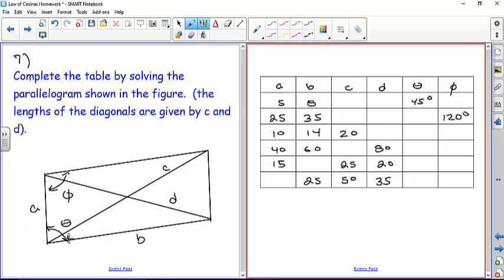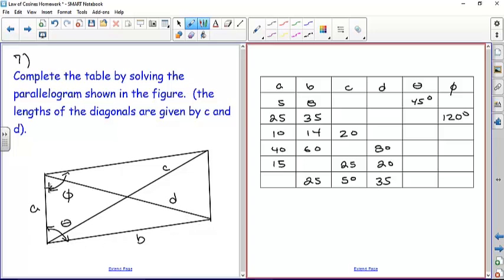So let's check first if there's anything in the book about parallelograms, or do we have to think a little harder than that? So apparently I have to think a little harder than that. So yeah, okay, if we know A and B and we know theta, this is this triangle.